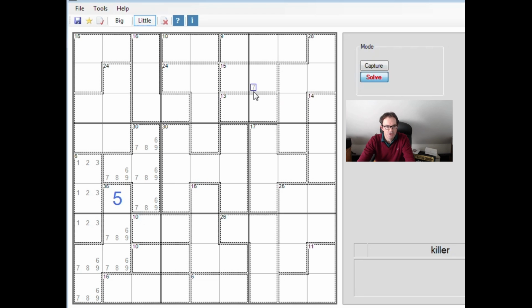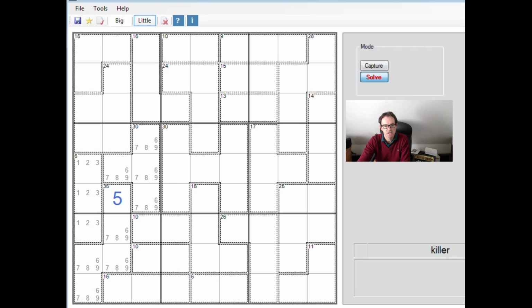And this allows you to make your first nice deduction. We can use this 5, it's very powerful, and the reason it's powerful, and a good tip for advanced Killer Sudoku solving, is when you have 2 cell cages like this 10 cage here. It's obvious when we think about it in isolation that we can't put a 5 in the cage because that will lead to a repeated 5.